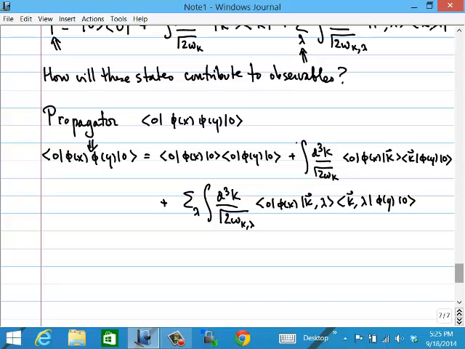For example, in the free case, the state k1 and k2 is described by its total momentum k1 plus k2 and the relative momentum k1 minus k2. Instead of labeling two particle states by the momenta of the two particles, k1 and k2, I should feel free to label them by their total momentum k1 plus k2 and their relative momentum k1 minus k2.